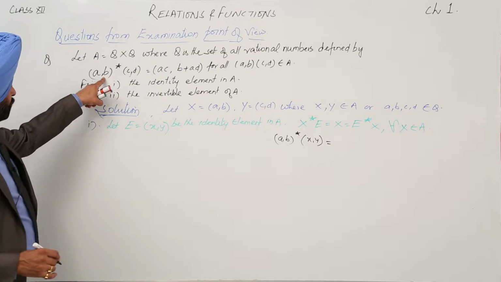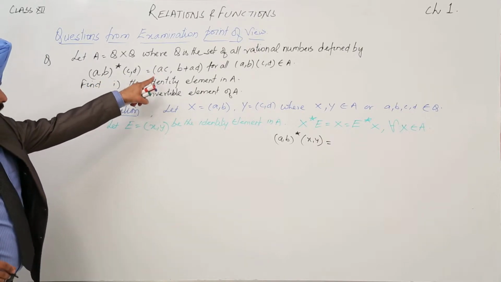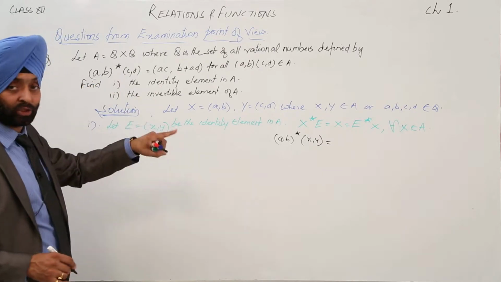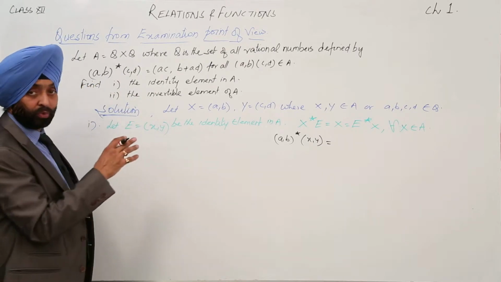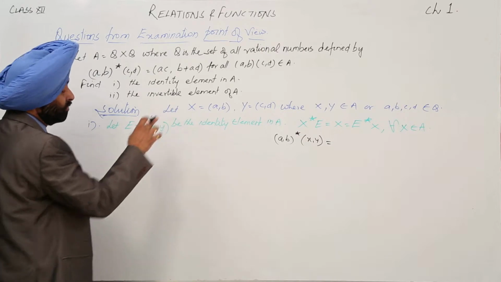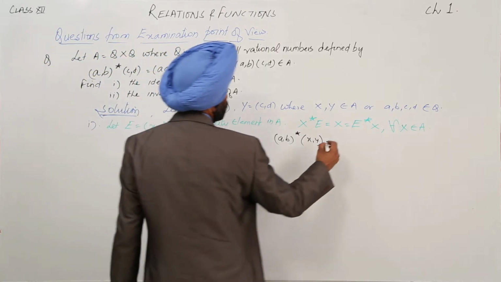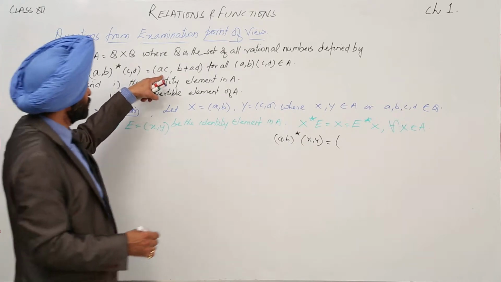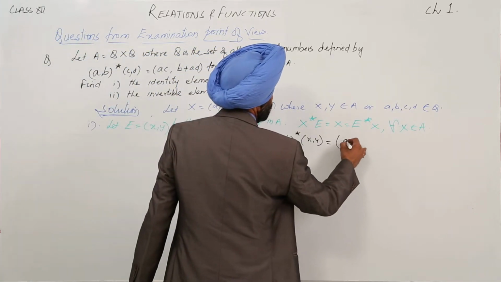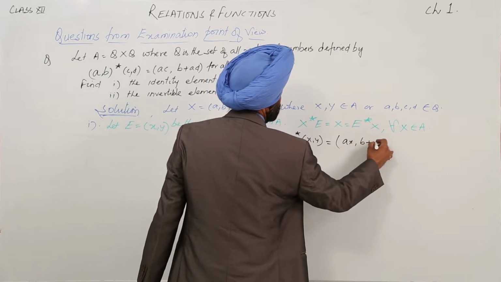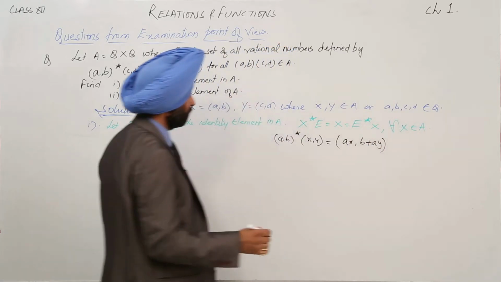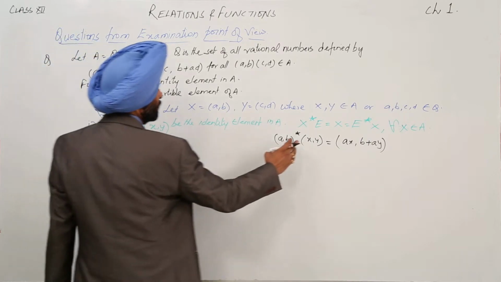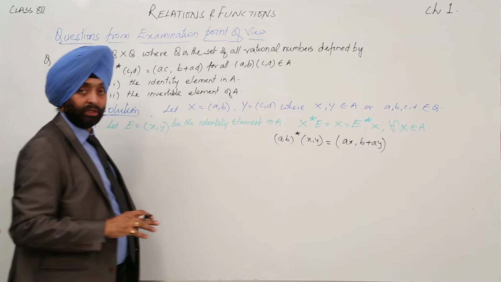When it was (a, b) * (c, d), it is (ac, b + ad). Now we have (a, b) * (x, y). In place of c we put x, and in place of d we put y. So we get (ax, b + ay), because x is c and y is d.